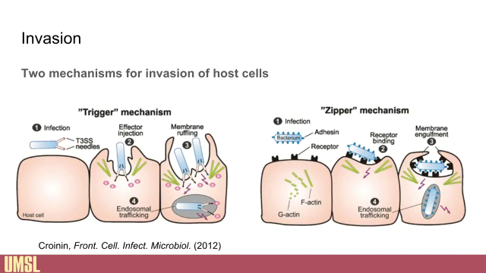So the type 3, type 4, and type 6 secretion systems will do that. The most prolific in bacterial pathogens that gets this job done is actually the type 3 secretion system. It's basically a molecular hypodermic needle that is structurally related to the bacterial flagellum.